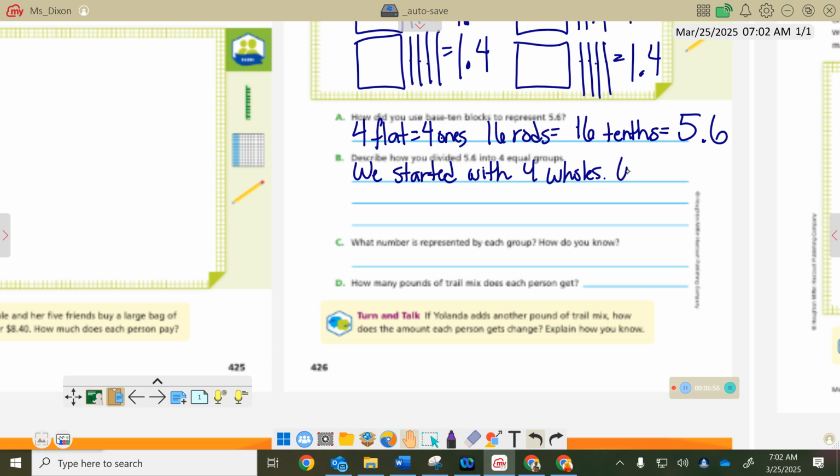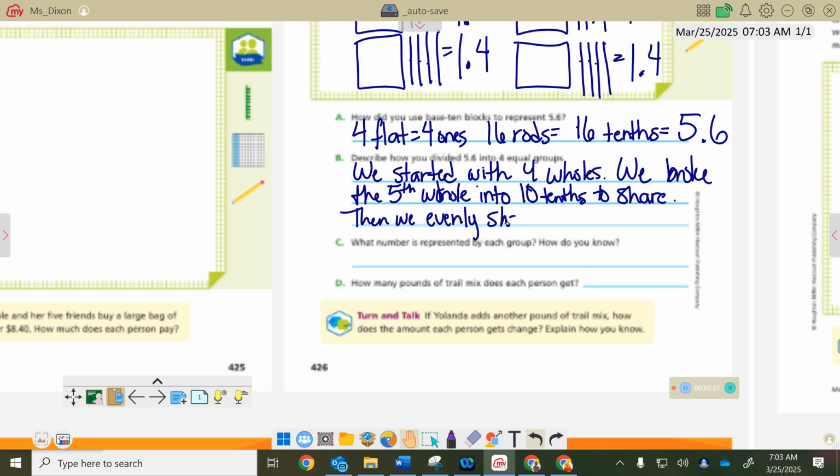We broke it into tenths. Then we evenly shared 8 tenths.